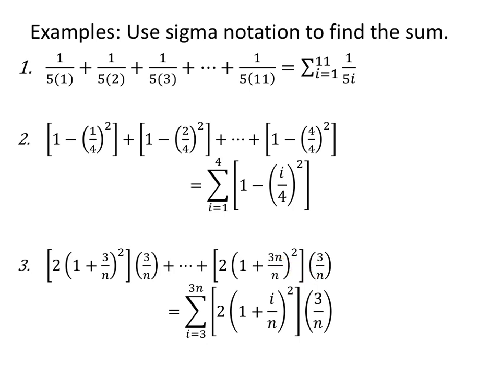And I'm looking at these, and they both have a 2, they both have a parenthesis, they both have a 1 plus, they both have a denominator of n, they both have a square, they both have times 3 over n. The only thing that changes is the 3. So my index starts with the 3 and it ends with 3n. My numerator is the only thing that changes. Everything else stays the same, and I have my formula in sigma notation.